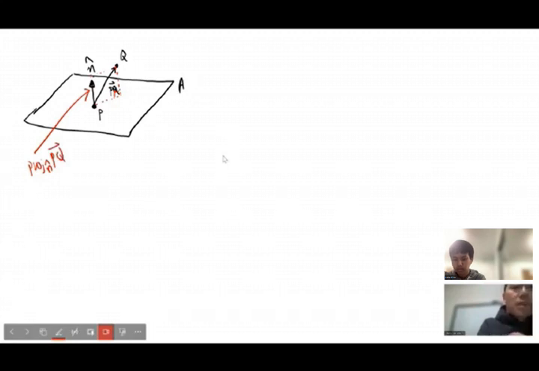So distance D from Q to the plane A is the magnitude of this projected vector PQ onto the normal vector.